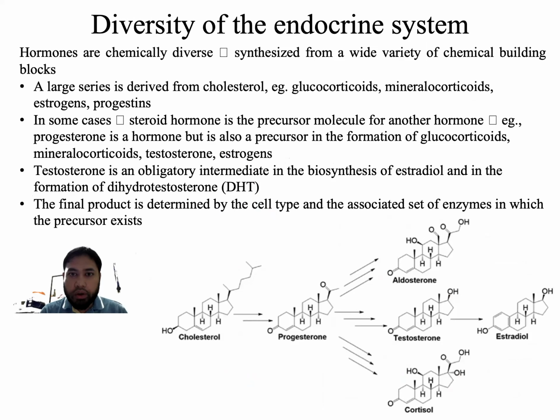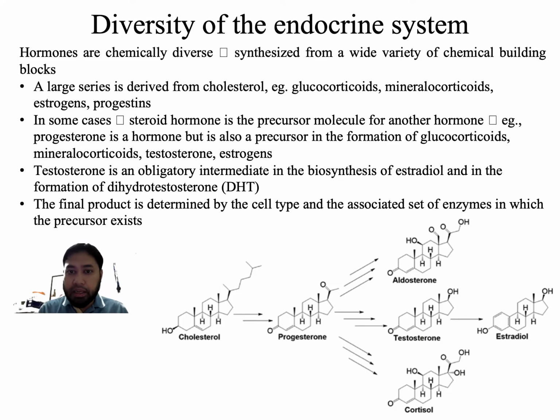So what this slide is showing is that in some cases, point number 2, steroid hormones are the precursor molecule for other hormones. In other words, one hormone structure can become a precursor. Precursor means they are the origin, or they can be the initiator for the formation of other hormones.